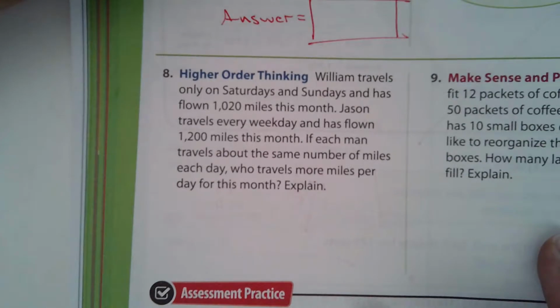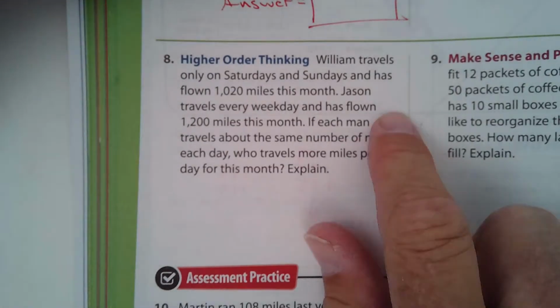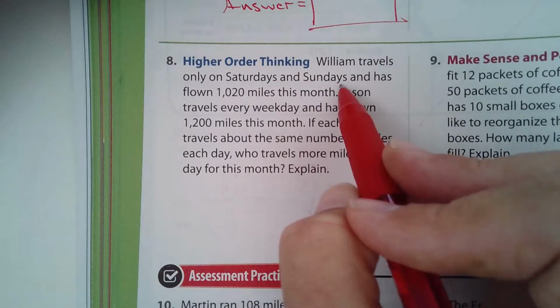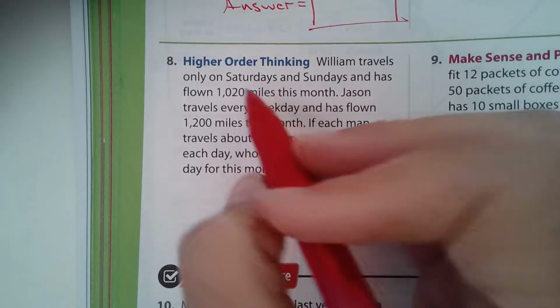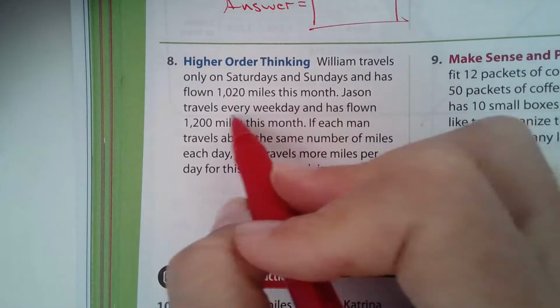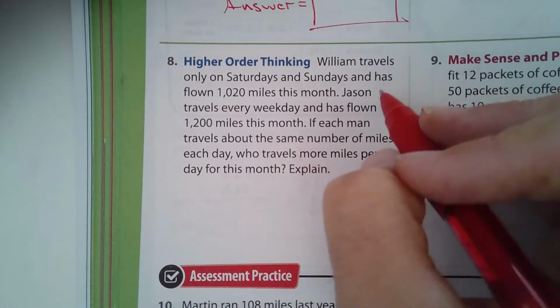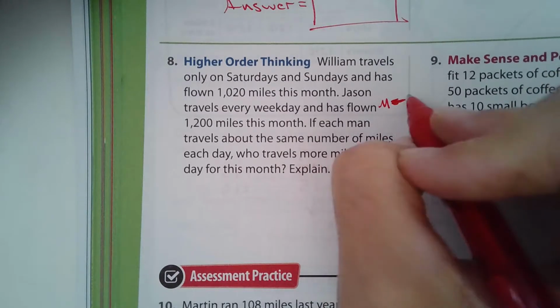Number 8, higher order thinking. It says William travels only on Saturdays and Sundays and has flown 1,020 miles this month. Jason travels every weekday, so that would be Monday through Friday.